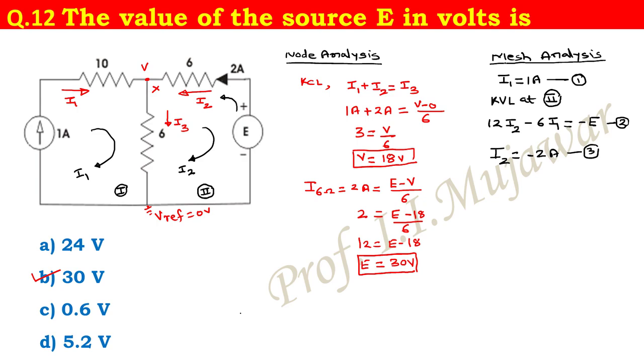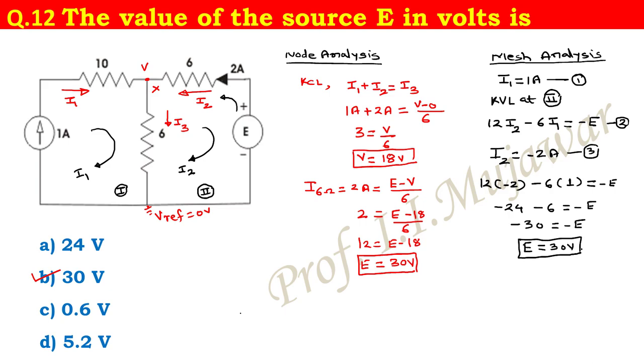If we use the values of I1 and I2 in equation 2, it comes out to be 12 into minus 2 minus 6 into 1 is equal to minus E. So minus 24 minus 6 is equal to minus E, so minus 30 is equal to minus E. That means E comes out to be 30 volt.